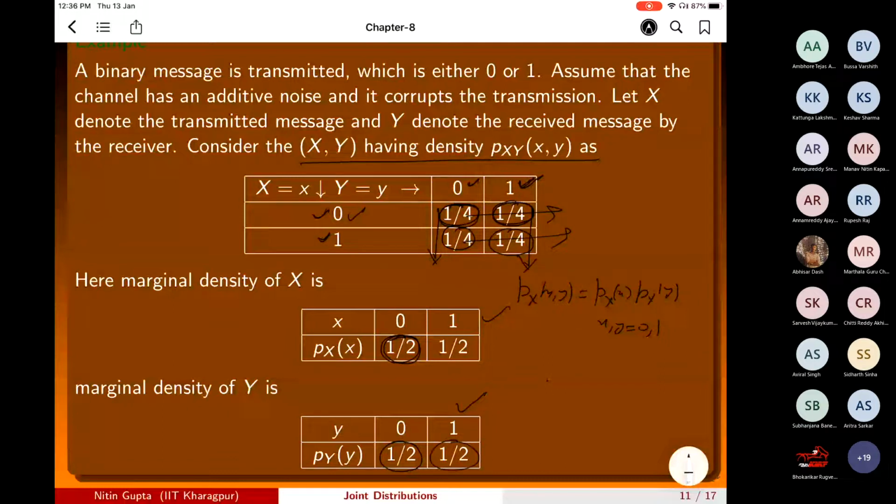So this is also 1 by 4 is equal to 1 by 2 into 1 by 2. Whatever case you take, whether (0,1), (1,0), (0,0) or (1,1), in each case this is holding, because this holds for all x and y. Therefore x and y are independent.